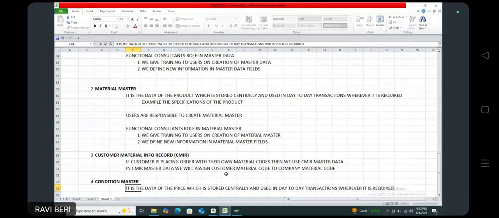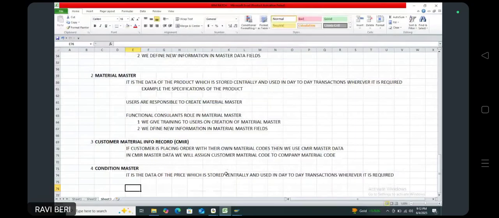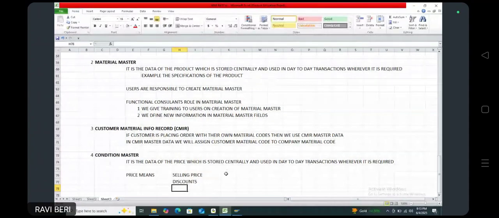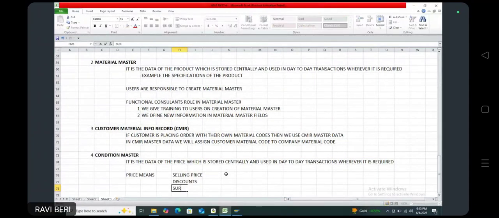Price means selling price, discounts, surcharges, transportation, insurance. Surcharges means extra, additional charges.